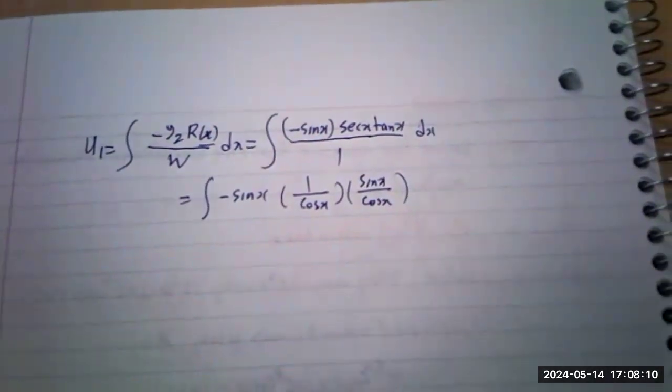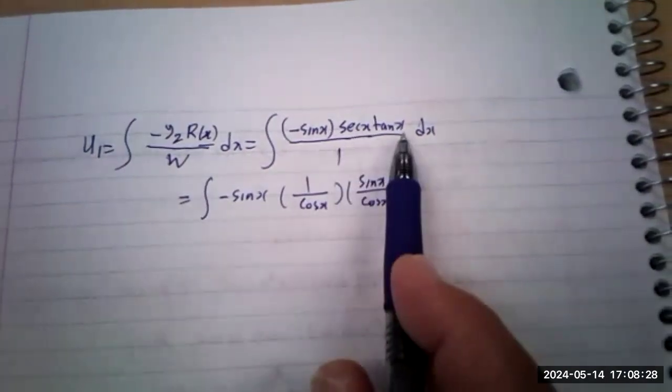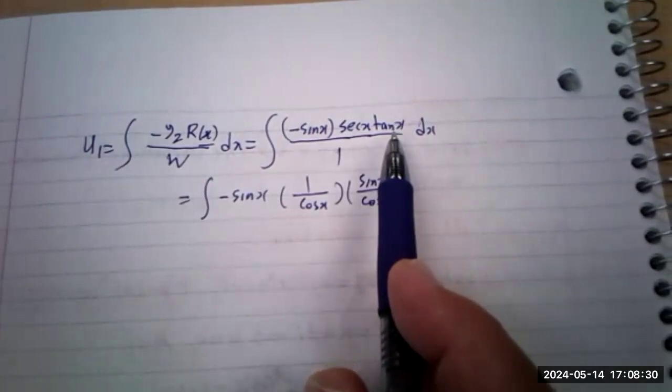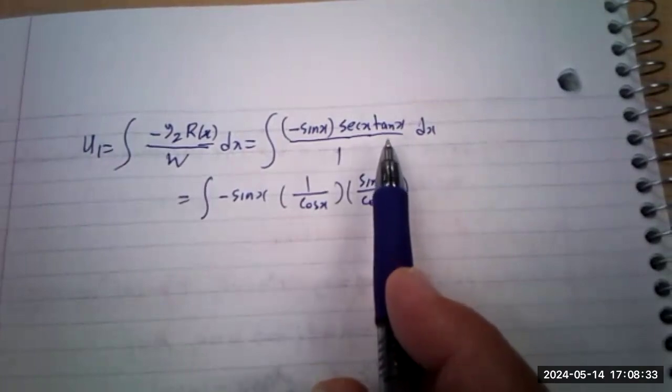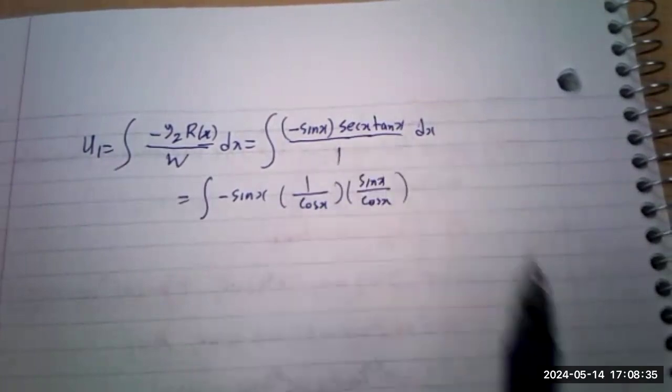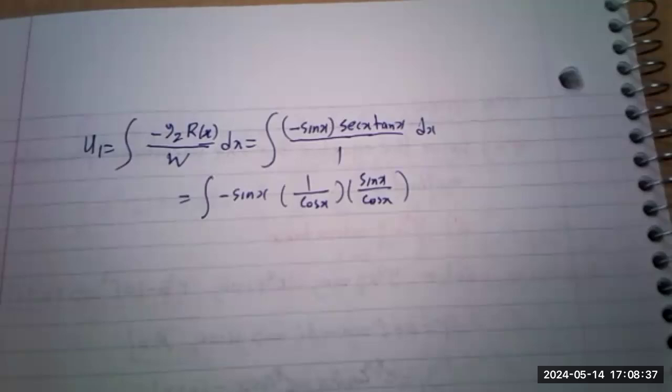So the thing that we are going to get is negative sine squared over cosine. Just want to make sure I didn't make any mistake. That's secant tan, and that was the sine. Seems to be all right.